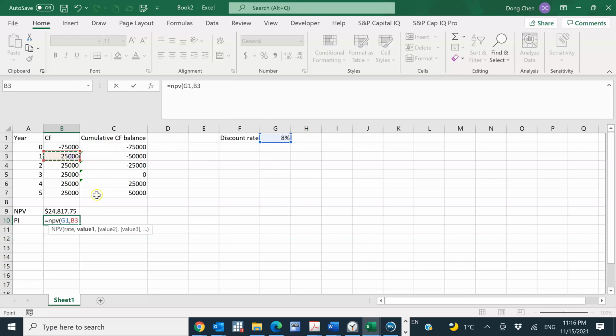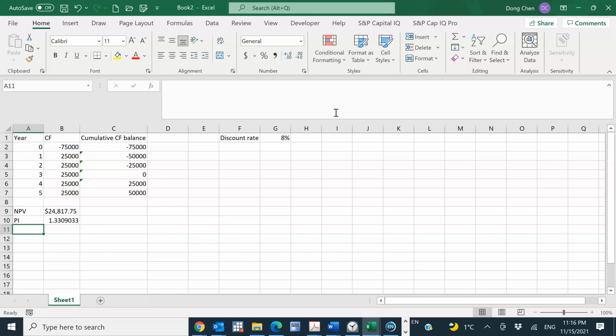Right, so just taking this, that's the same as what we did for the NPV, but then rather than adding the initial cash outlay, we are dividing by the initial cash outlay. But because the initial cash outlay is a negative number, we need to add a negative sign in front of this to get rid of the negative sign, basically.